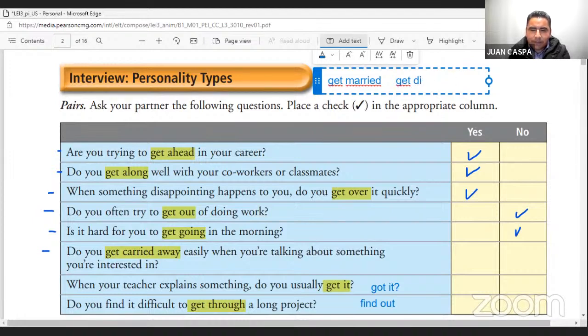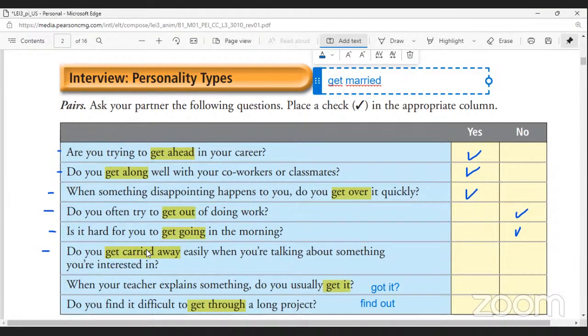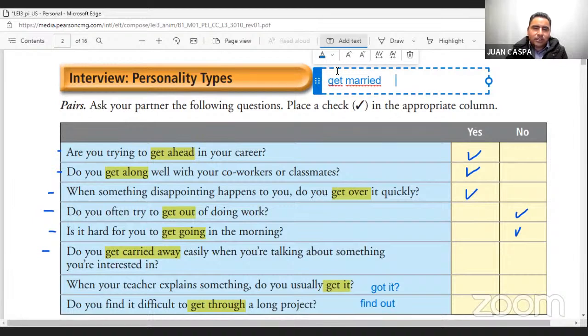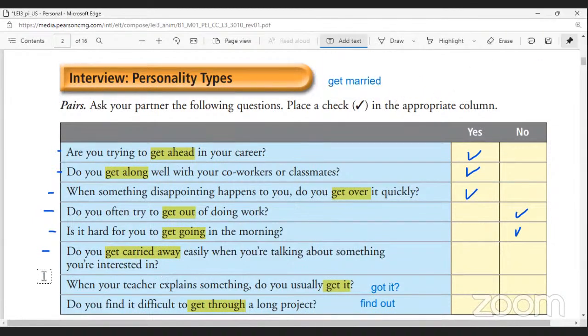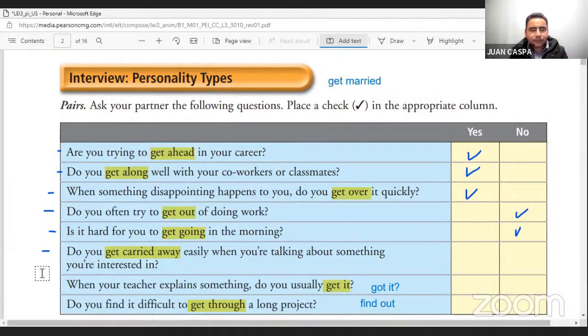Sometimes when we use phrasal verbs, some others are special, like get married, get divorced, get engaged, comprometerse. But it's not exactly in past, it's in present. Ah, okay. Okay, thanks, teacher. Don't worry.